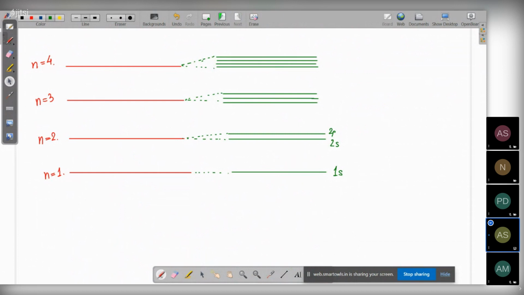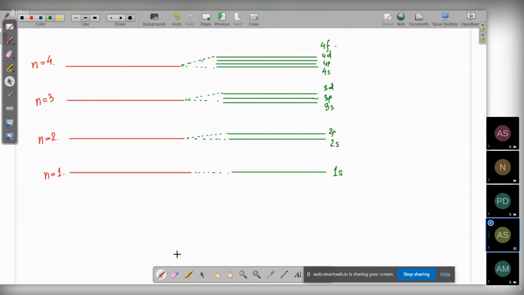Inside the third orbit, you can have 3s, 3p, and 3d. Inside the fourth orbit, you can have 4s, 4p, 4d, 4f. This is how the shells are classified into subshells. So that's it. This is about the azimuthal quantum number.